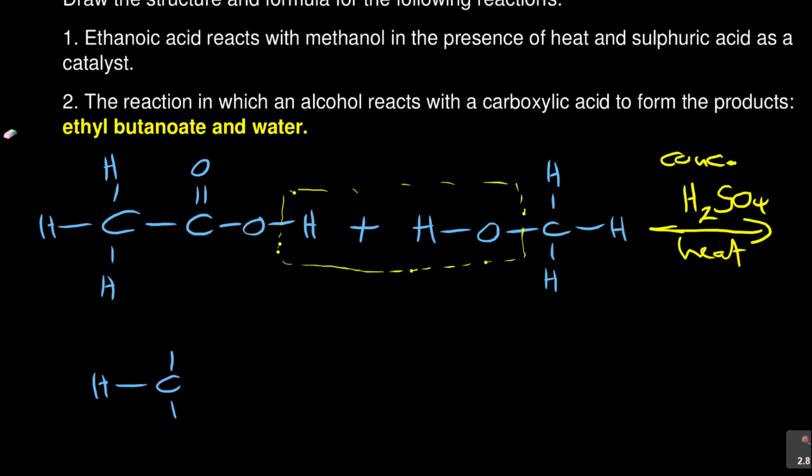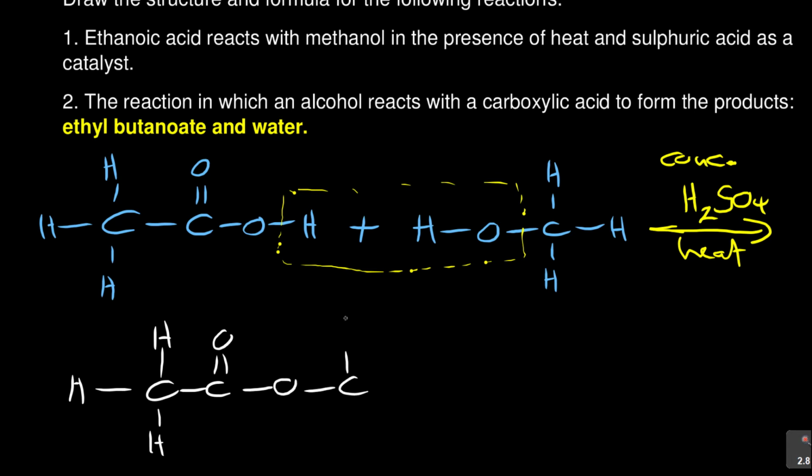Okay, can I use a different pen? Yeah, if you allow me, let me do that. So this is the final product of the ester now. O, C, H, H, and H, and then plus O, H, and H. Now it says ethanoic acid reacts with this in the presence of this as a catalyst.